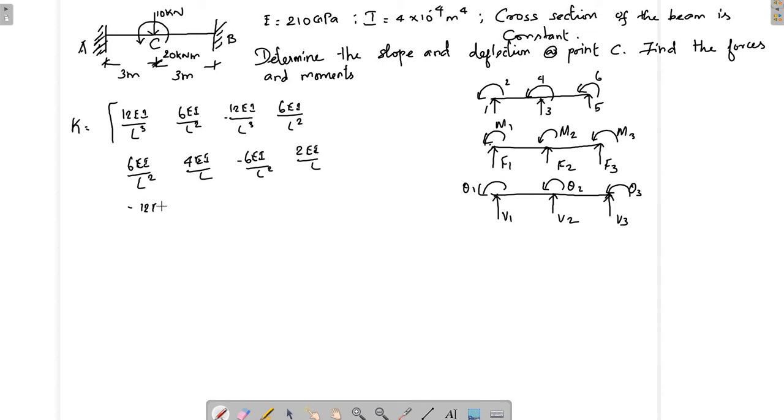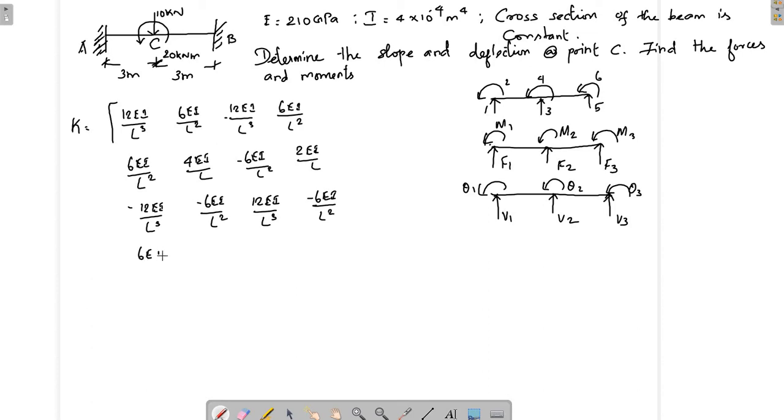Here minus 12 EI by L cube, minus 6 EI by L square, that is the negative form of the first equation, 12 EI by L cube, minus 6 EI by L square.